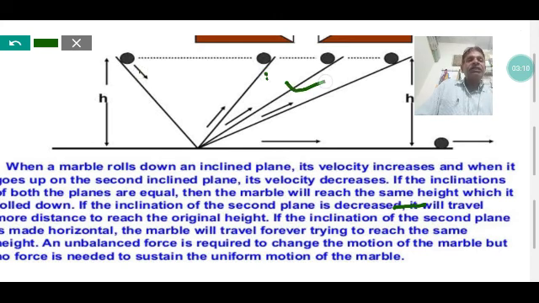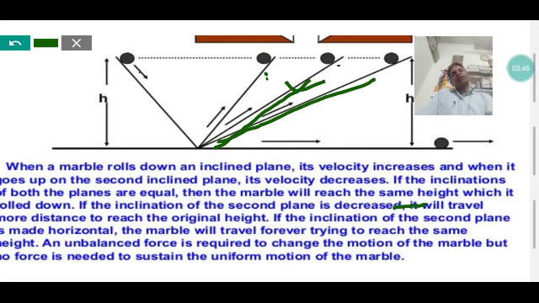With the second inclination, the ball covers more distance to reach the initial height, and when the inclination is reduced again, the ball covers even more distance to achieve the height of its initial position. And when the inclination of the right-hand side is made 0, that is horizontal, the ball will continue to move forever.